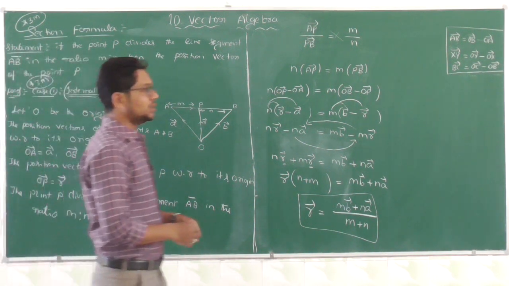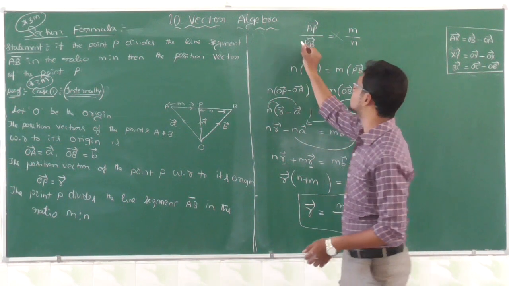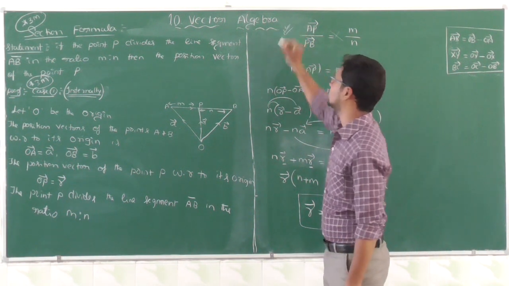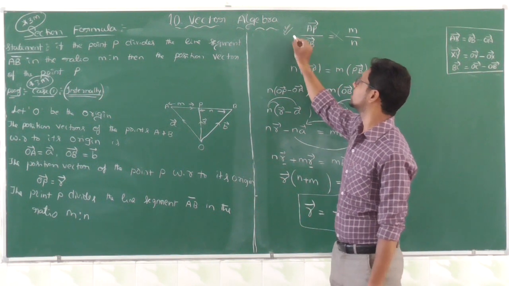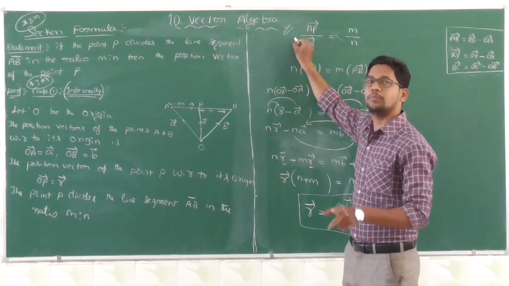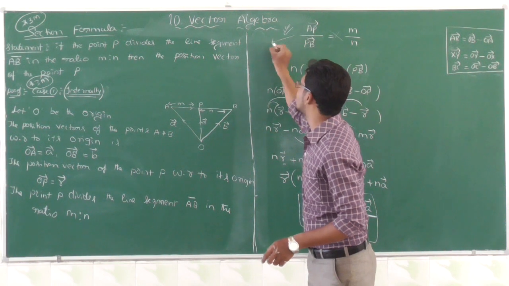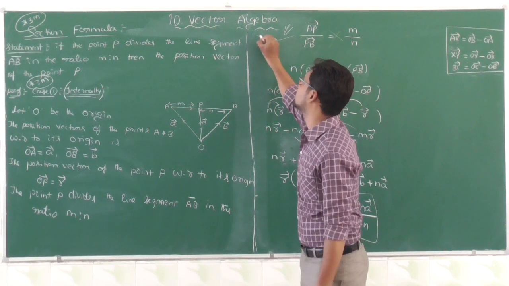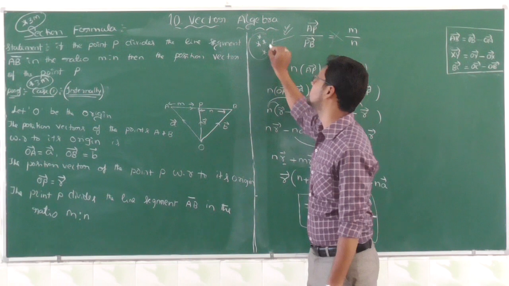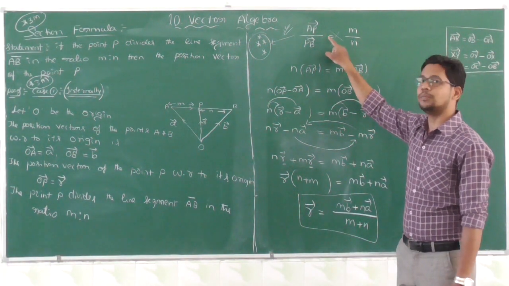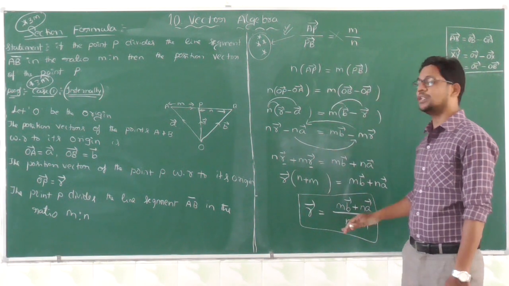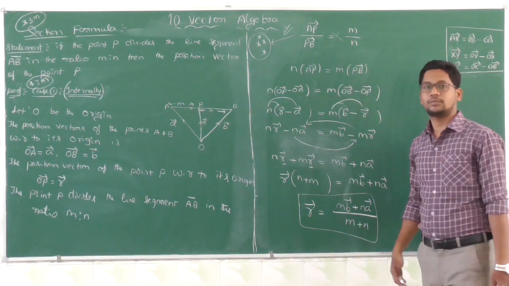In this derivation, this step plays a major role. We just mark this as an important step. If you make any mistake in this step, the entire derivation will go wrong.